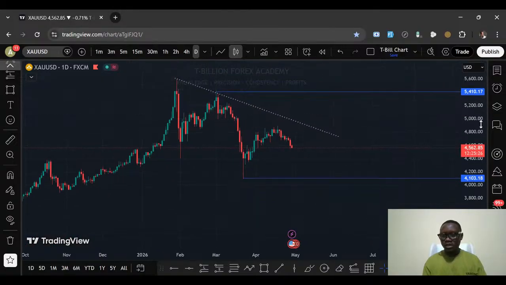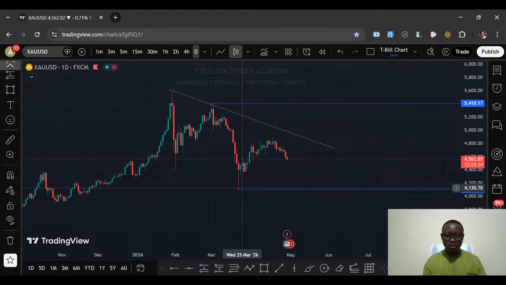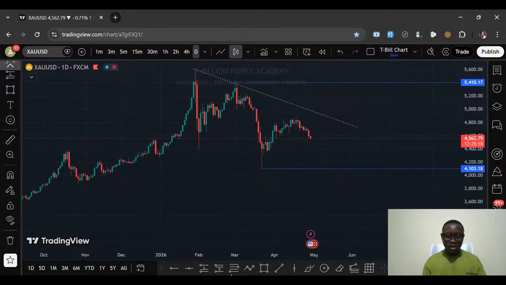For this bearish order flow to complete, it has to take out this low. But let's not forget where this whole bullish move originated from, which is actually from this order block right here.